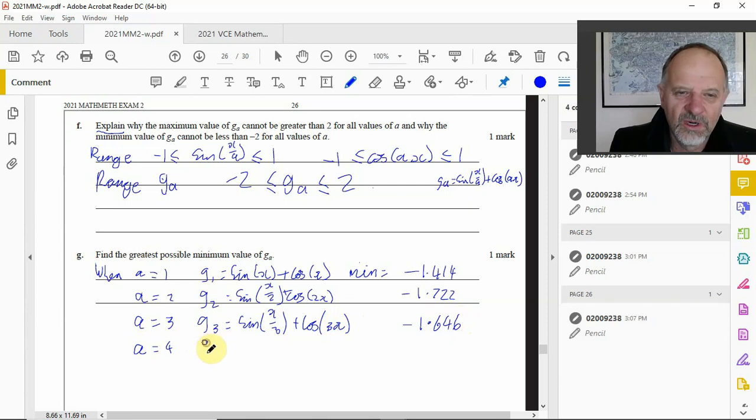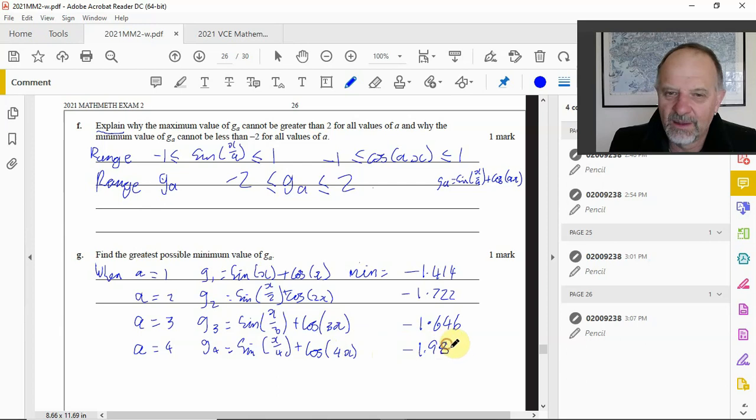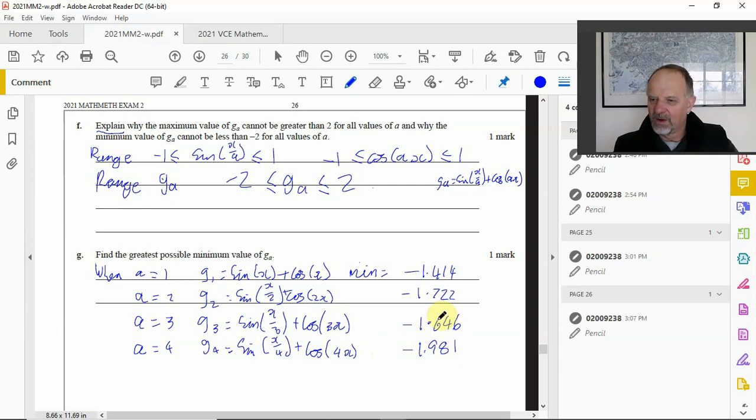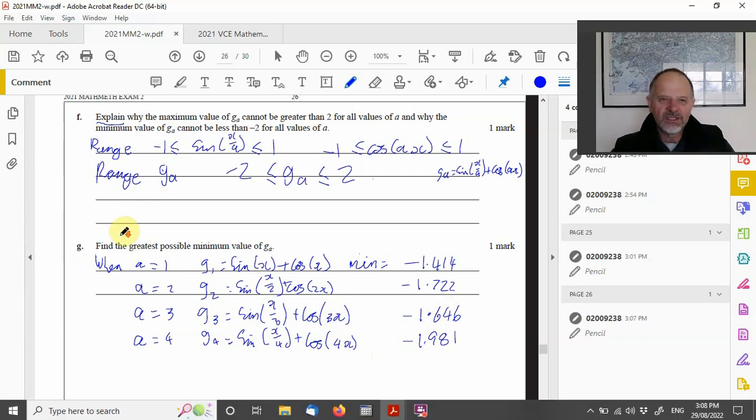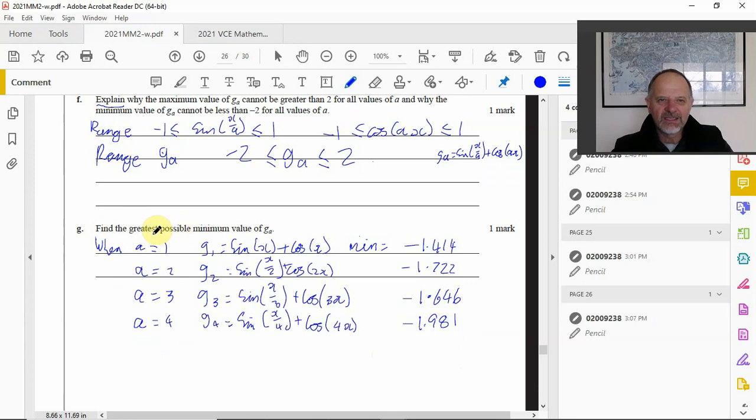A of 4, G of 4, sine 4x, right? It's pretty easy to just change those numbers in your calculator, and then you get negative 1.981. So the question says, what is the greatest possible minimum value of GA?